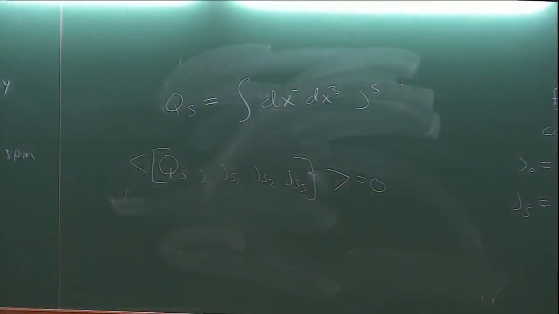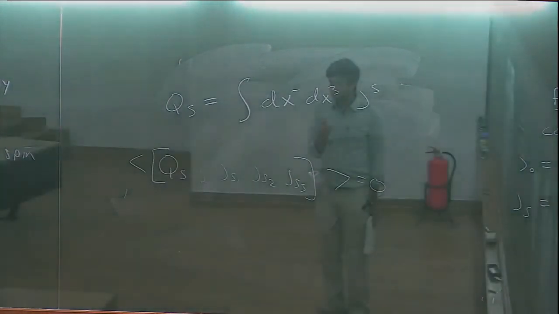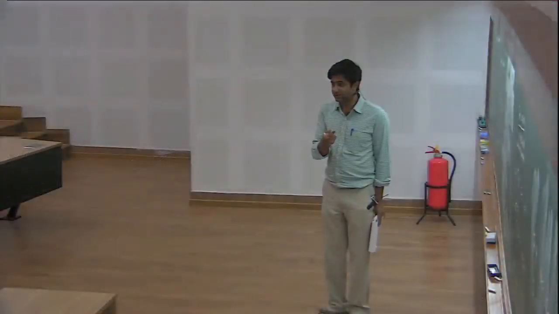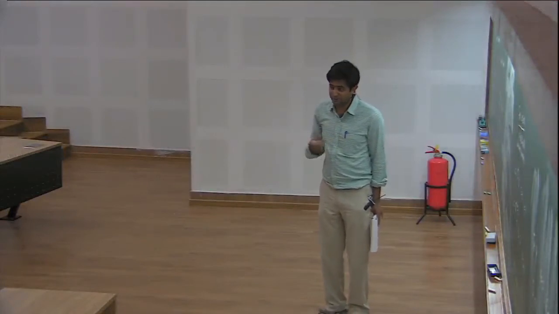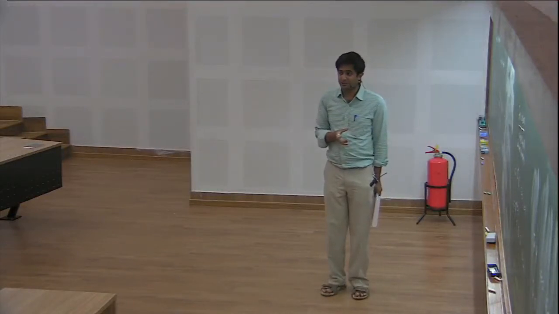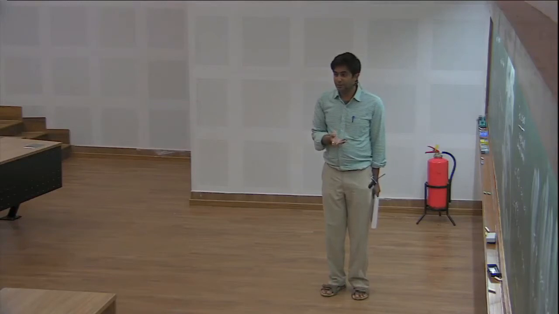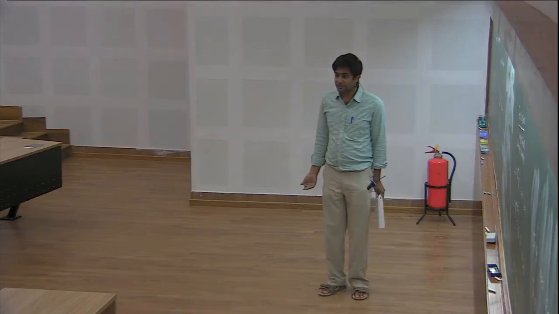Okay, so the first question you can ask is, if we have a theory that has this tower of currents or charges, do we know it's necessarily a theory of free bosons or free fermions? I mean, here I constructed these starting from a free theory, but if we want to solve the theory in a model independent way, the question is, does every theory which has this collection of current operators and charges have to be a free theory?